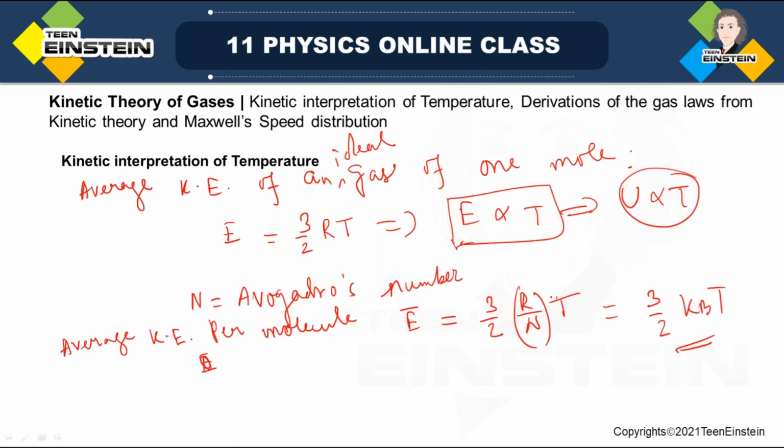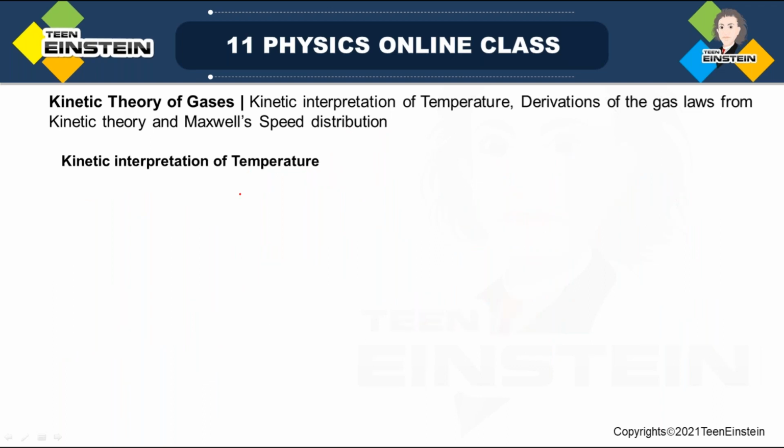That is directly proportional to the absolute temperature. Now I can do certain things from here itself. Let me clean it up. What we have got is the average kinetic energy per molecule, 3 by 2 kBT. We have taken E is equal to half mv square as the average kinetic energy.